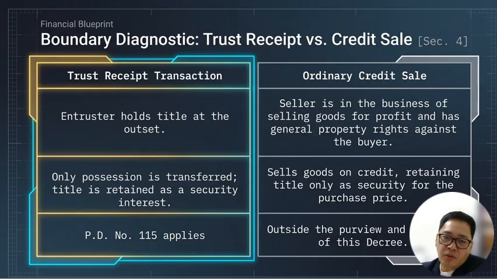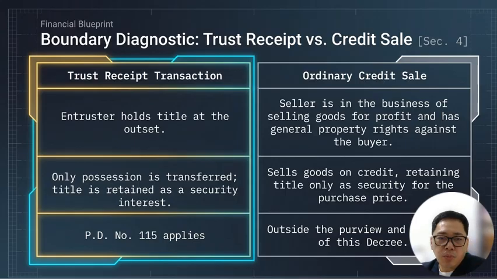The entrustee signs a document binding themselves to hold the goods, documents, or instruments in trust. The explicit obligation is to sell or dispose of the item and turn over the proceeds to the entrustor up to the amount owed, or to return the items if they remain unsold.